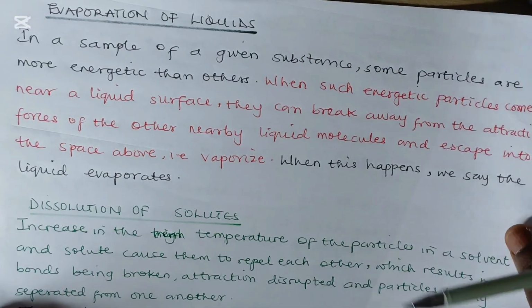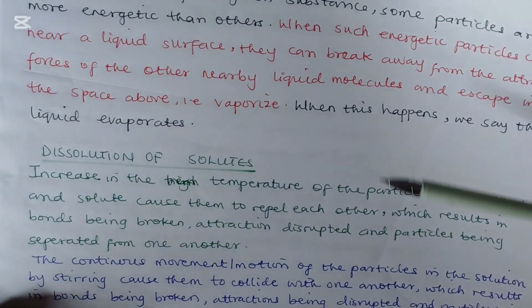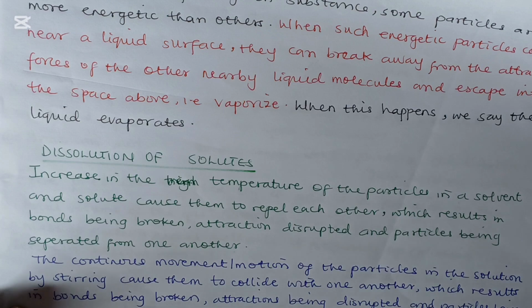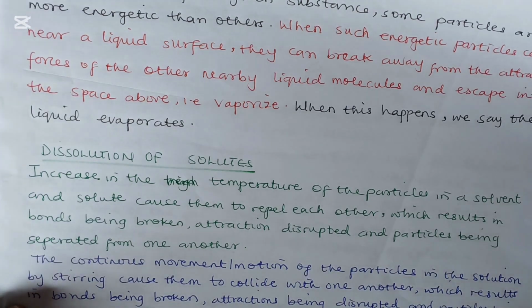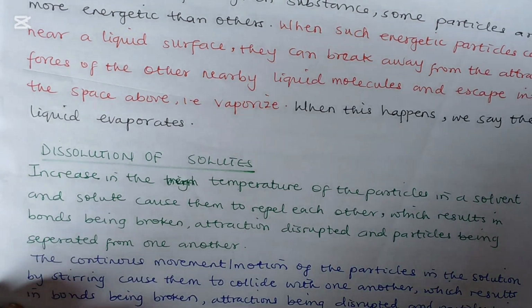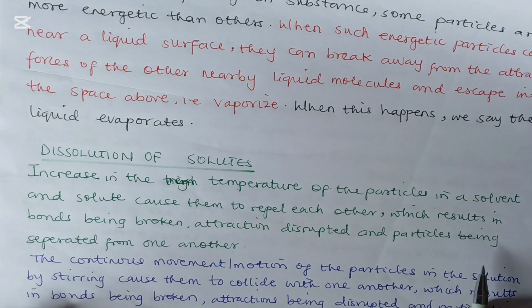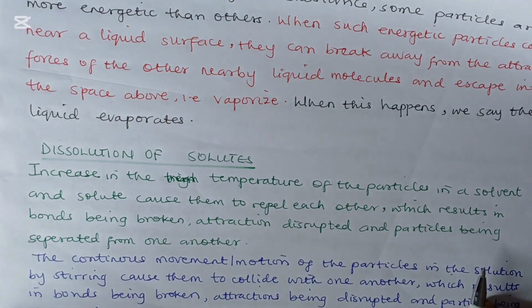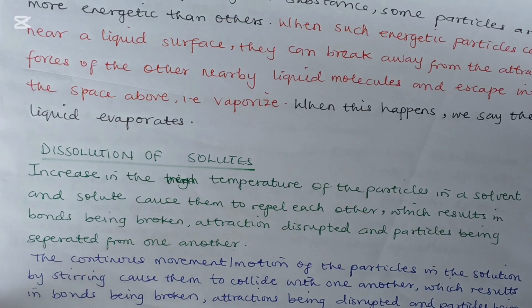The next one is the dissolution of solute, that is, using the kinetic theory to explain the dissolution of solute. An increase in the temperature of the particles in a solvent and solute can cause them to repel each other. How?